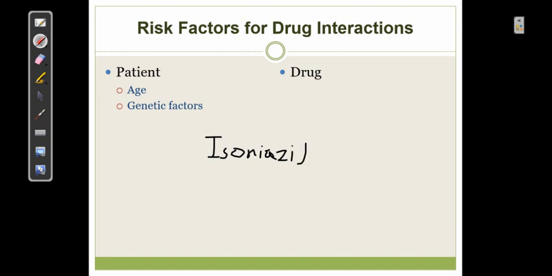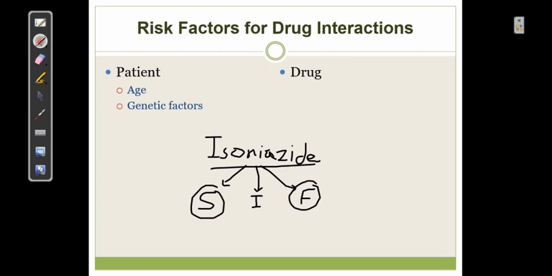Now for isoniazid there are two types of population, actually three types of population. One which we call slow acetylators. Second which we call fast acetylators. And third is also possible, which you can Google, that is an intermediate type of population. So metabolism here is fast, here is slow, and here is intermediate.